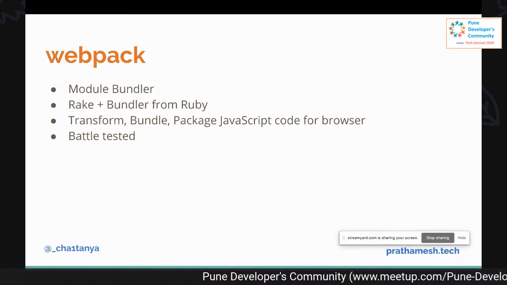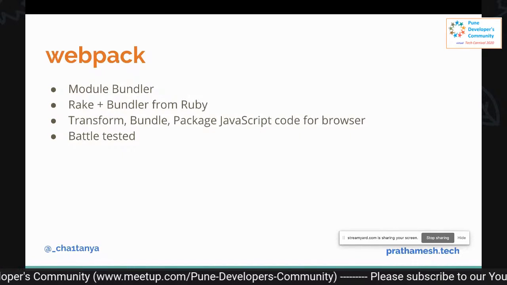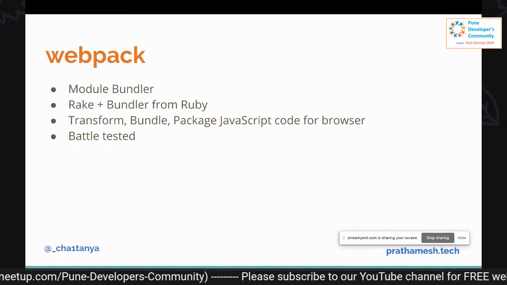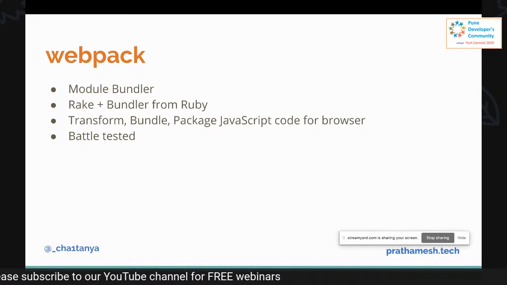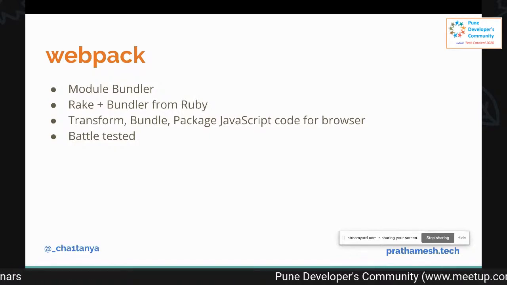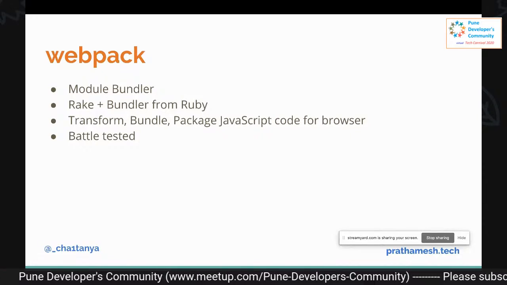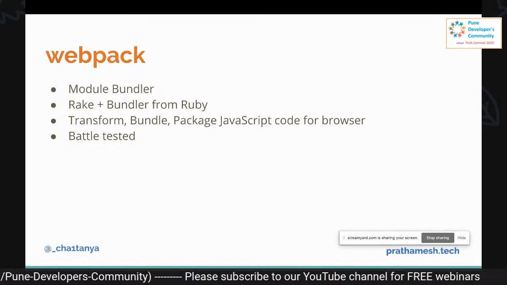For example, using Rake, we can write certain tasks, and Bundler takes care of managing our dependencies. Webpack does all of this and much, much more. It can minify the assets, it can concatenate the assets, it can combine all the assets into a single file and then expose it to the browser so that the browser can understand the JavaScript code.